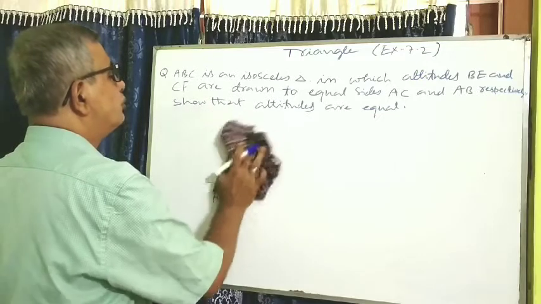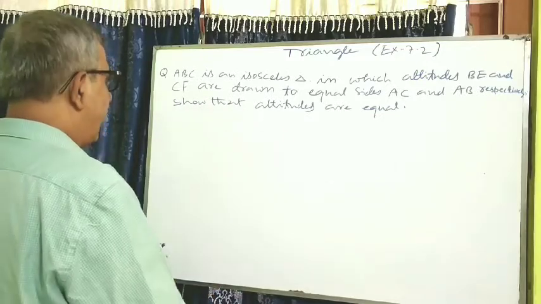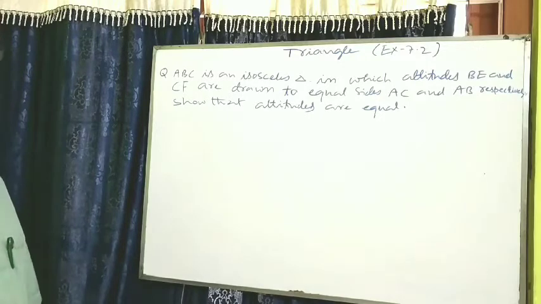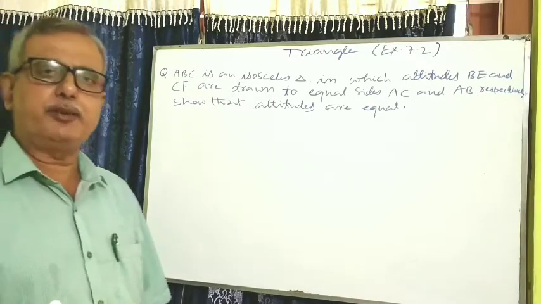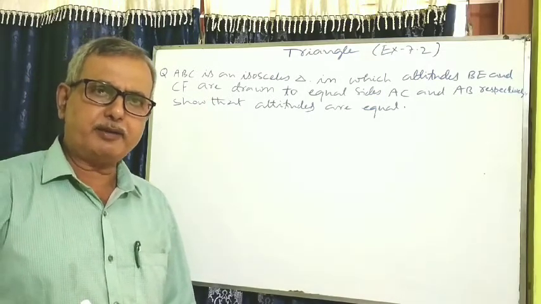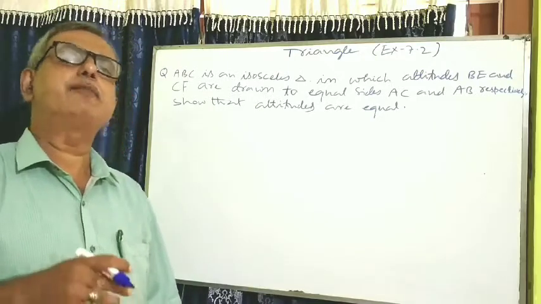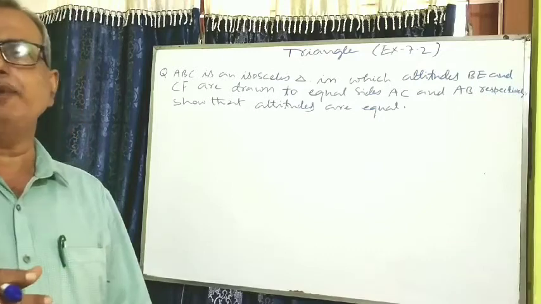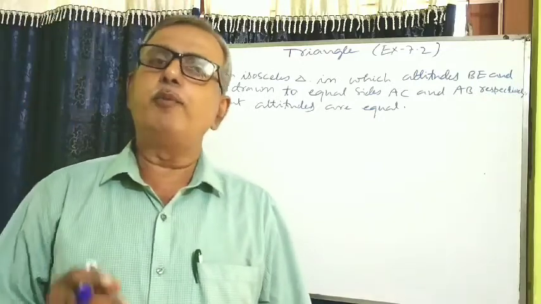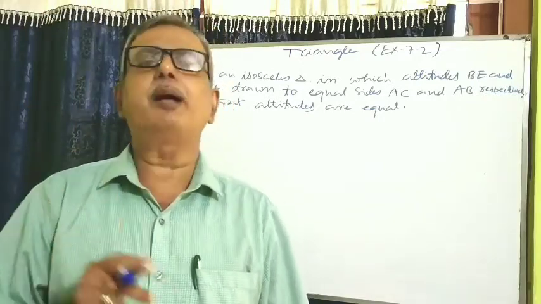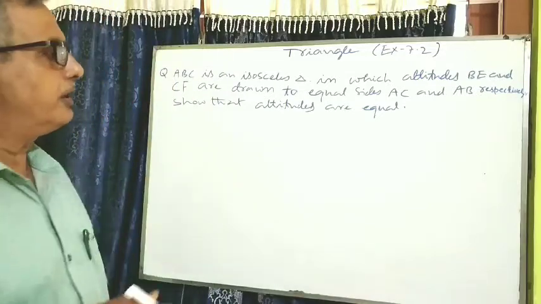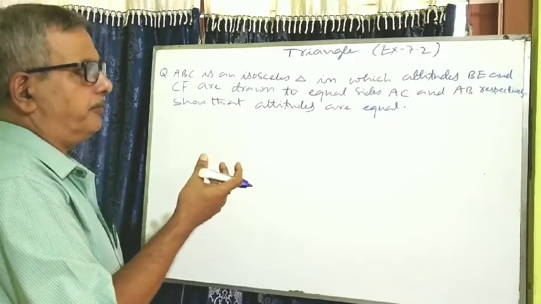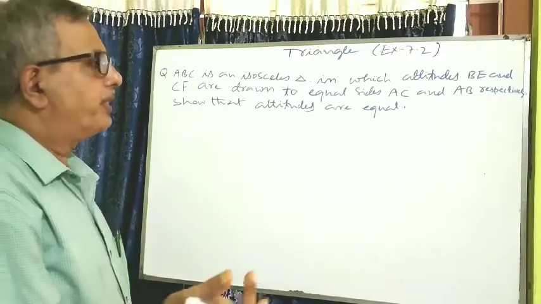Now I am going to start. First of all, I have to draw the diagram. Sometimes the diagram is given in the question paper, but sometimes I have to draw it. Even if the diagram is given in the question paper, you must draw the diagram in the answer script. So let me draw the diagram, and from the diagram many things will be clear.